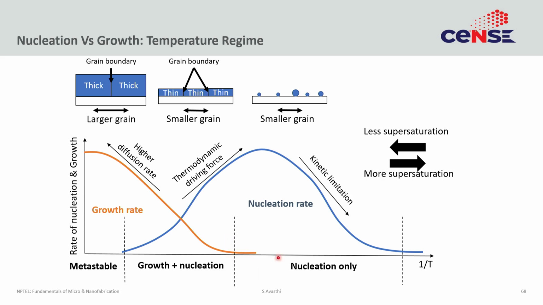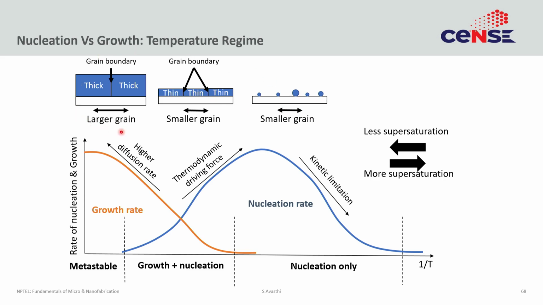And if you reduce the temperature too much, then you are in the regime where you nucleate a lot, but those nuclei do not grow, and if they do not grow, you do not get a full film, you just get droplets or you just get islands. Right? So, this is not useful for CVD because often we want smooth films. This is useful if you are doing quantum dots or something like that, but this may not be useful for thin films. As you increase the temperature, you get to the case where you do both nucleation but also grow films.